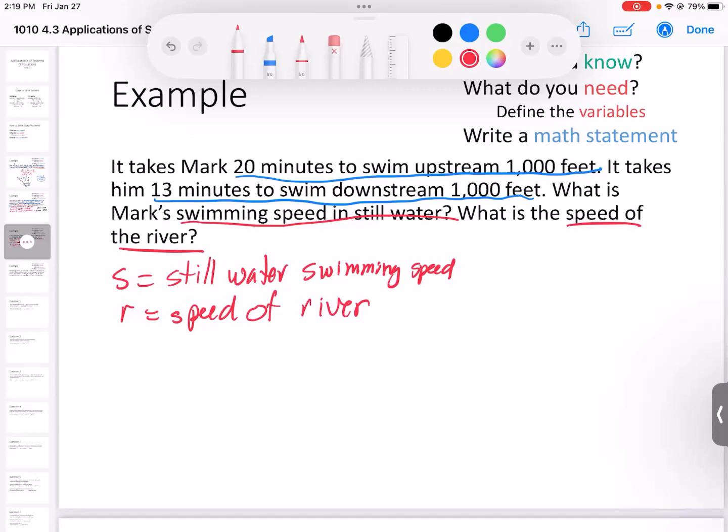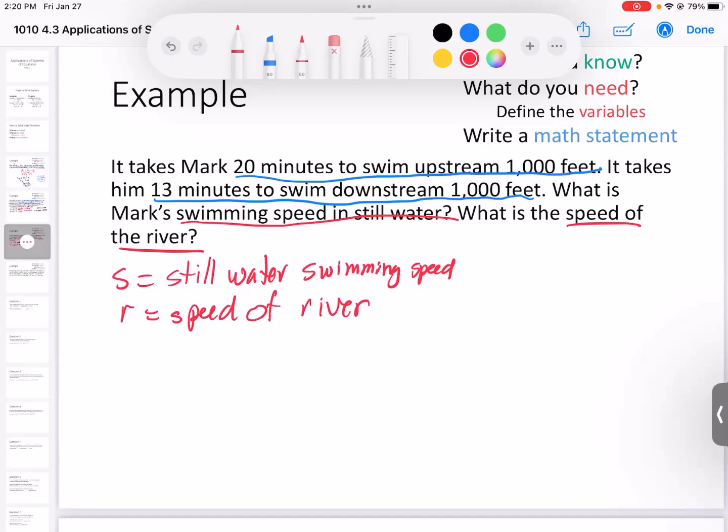So now that I have my two variables, I'm going to look at the information I was given and my variables and see if maybe I can write an equation. But the main thing I want to make sure is that all of my units are the same. So if I look at my units, I have a speed unit, and then I have minutes and feet and minutes and feet. So we've got lots of different units going on here.